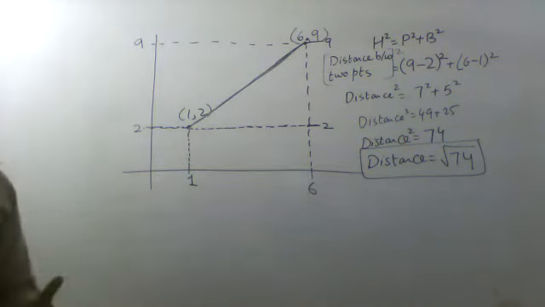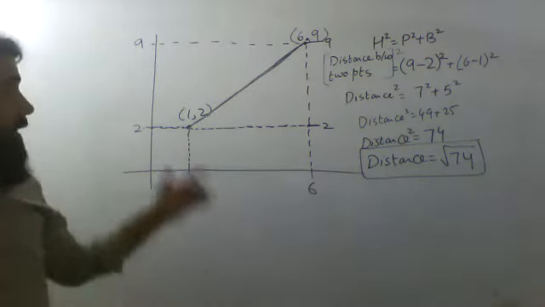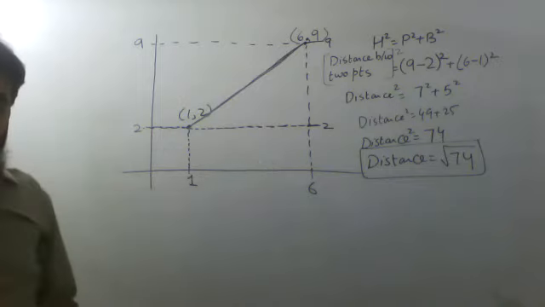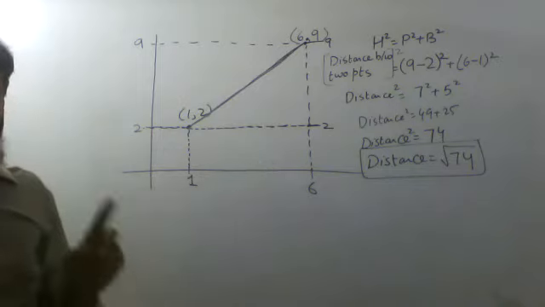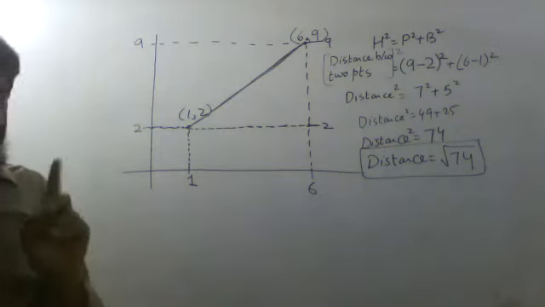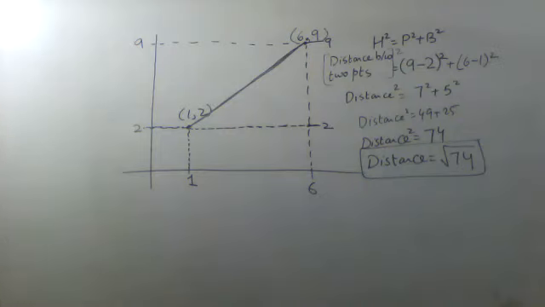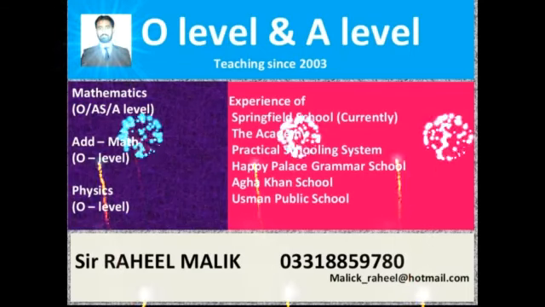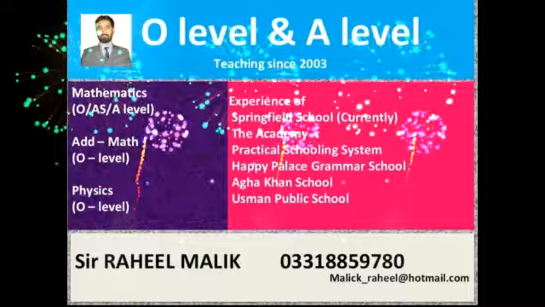Okay, but the problem is, do I have to make this triangle, this whole thing, every time I have to find a distance? No, I am going to figure out a formula for that. I'm going to form a formula which can give me the distance between 2 points whose coordinates are given.